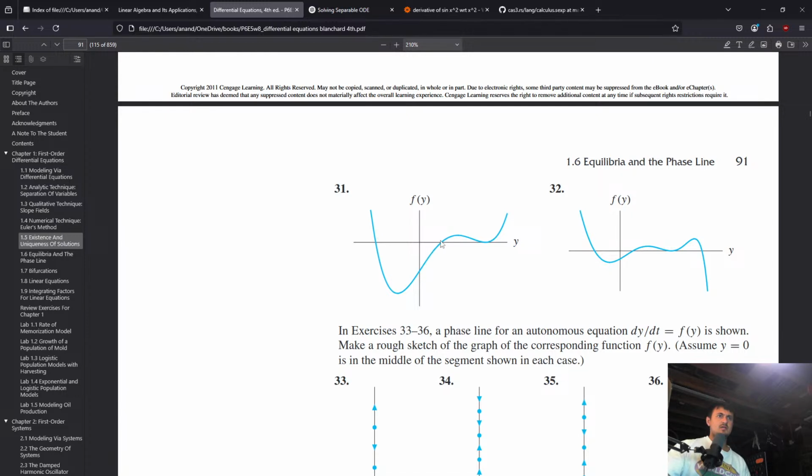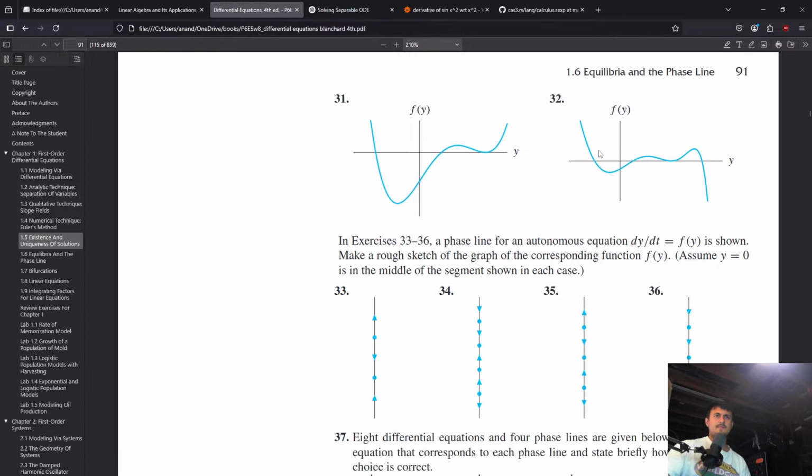This is going to be a source. This is going to be a sink. Yep. So sink, source, node, sink.